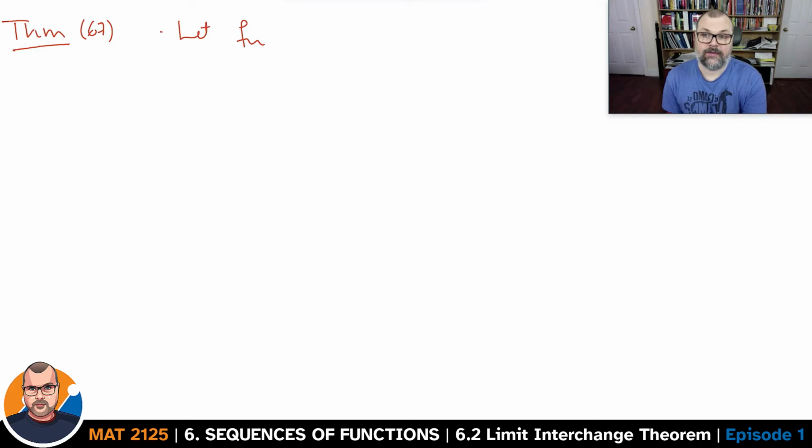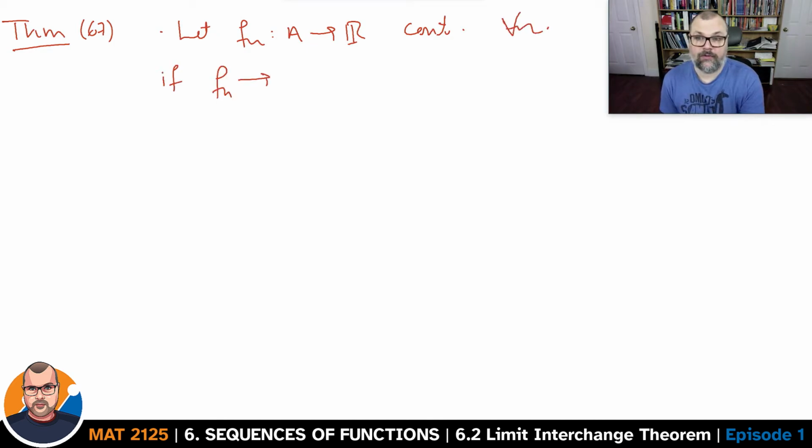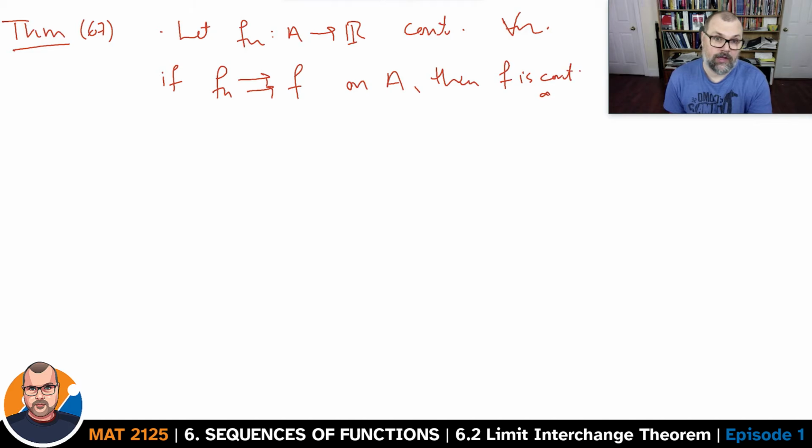Let the f_n's be functions from A to R that are continuous for every n. If f_n converges uniformly to f in A, then f is continuous. Alright, so we prove continuity. Let epsilon be some arbitrary positive value.